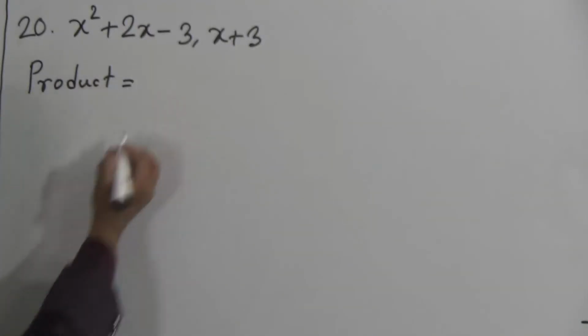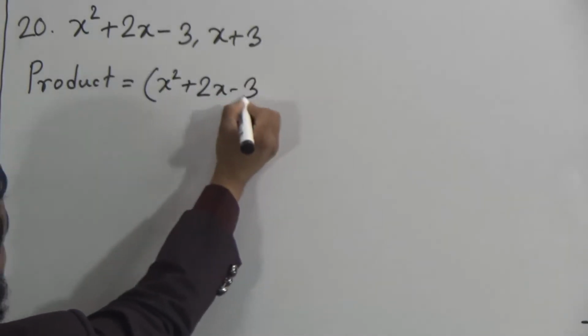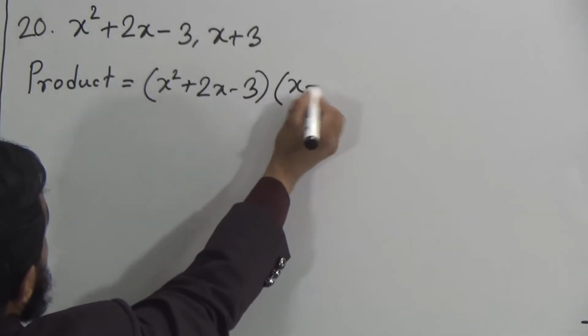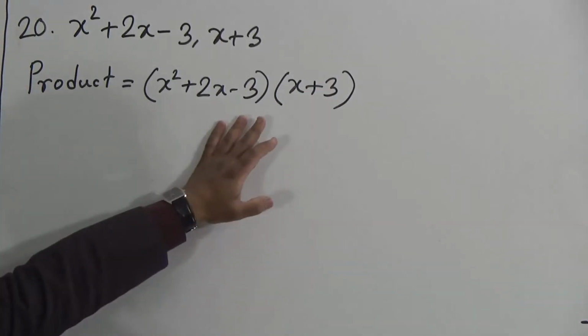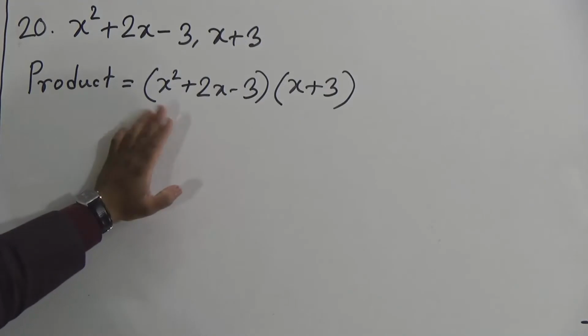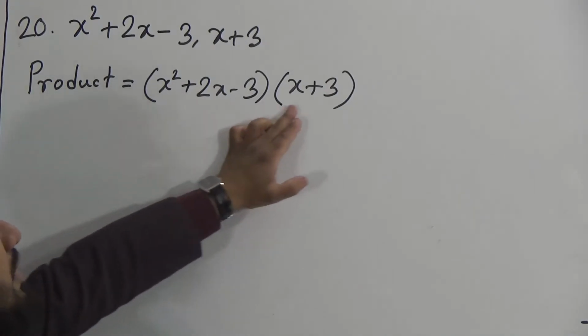So we should write down the product. The product will be x square plus twice x minus 3 with x plus 3. This indicates, as we solved previously, that x square plus twice x minus 3 is multiplied with x plus 3.